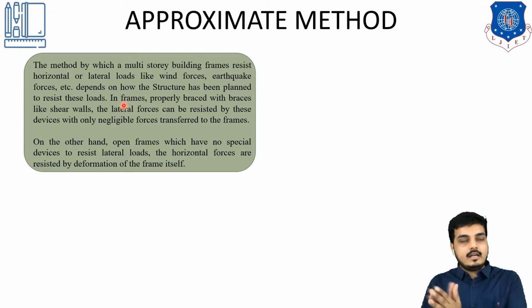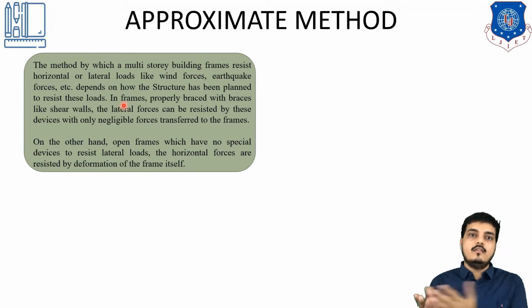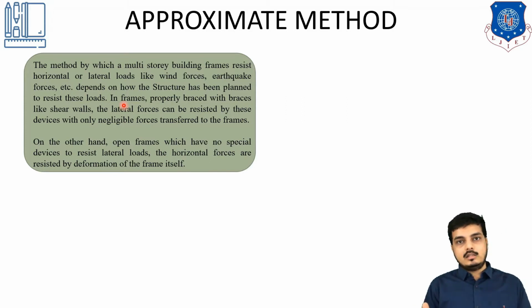In such special kinds of structures, the maximum amount of forces will be resisted by these bracings, shear walls, and tube elements. Now, what if our building does not have all these elements?